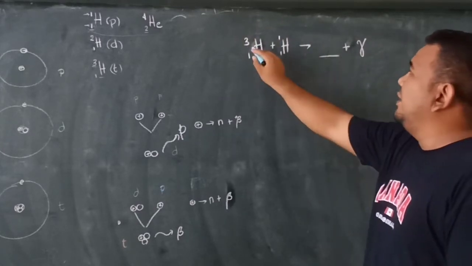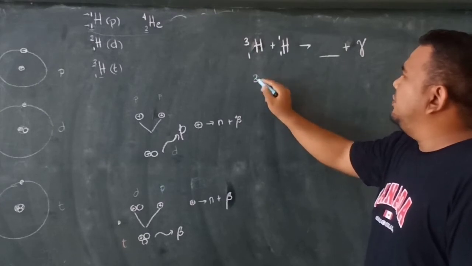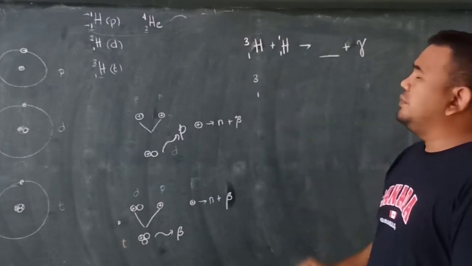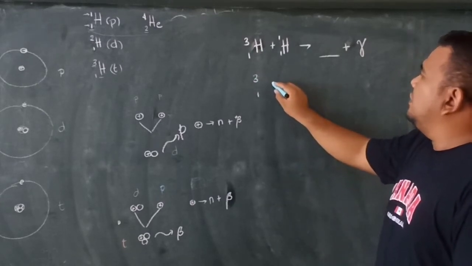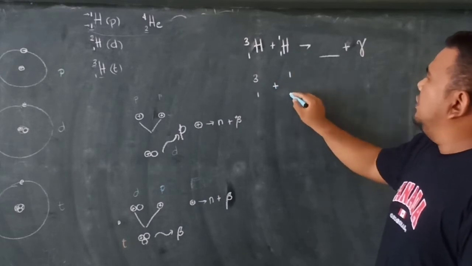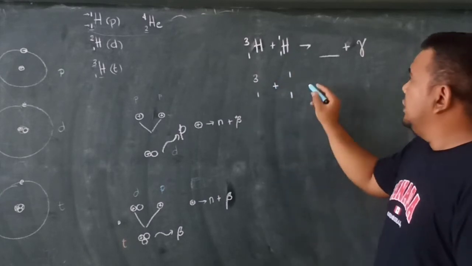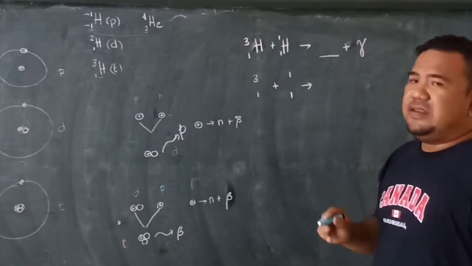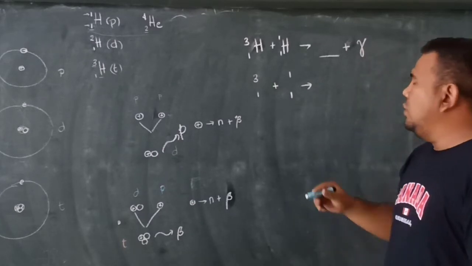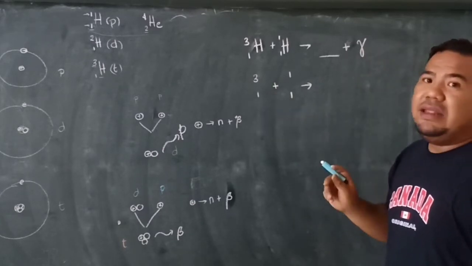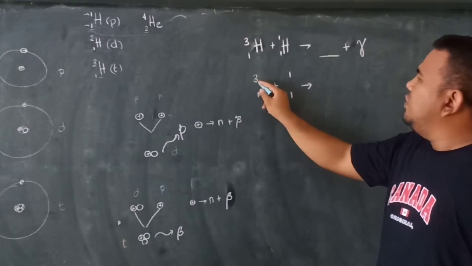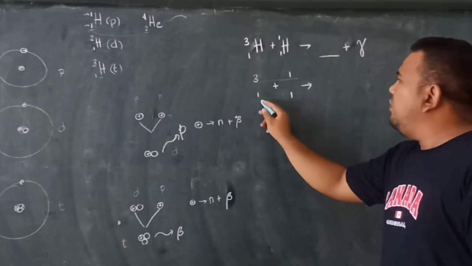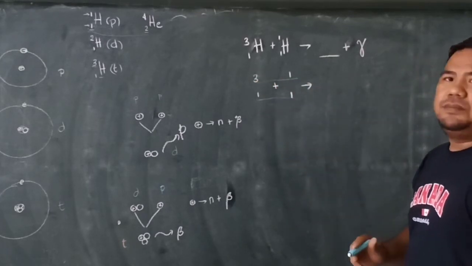Okay, easier. So we'll just copy 3, then 1, plus 1, 1. Will give you something. So we'll add all those nucleons first, then we'll also add this one here.